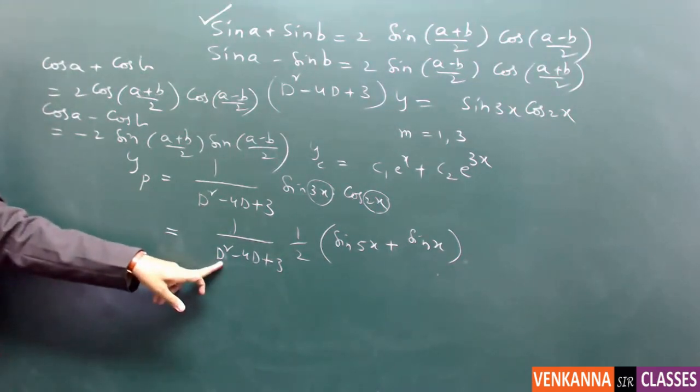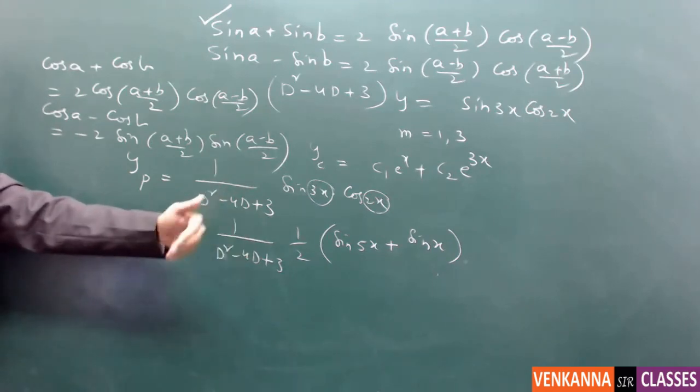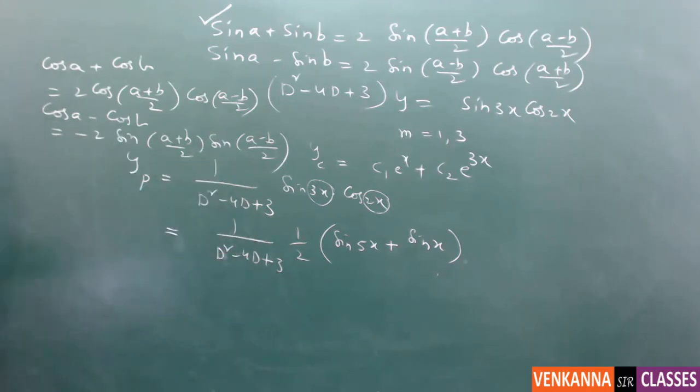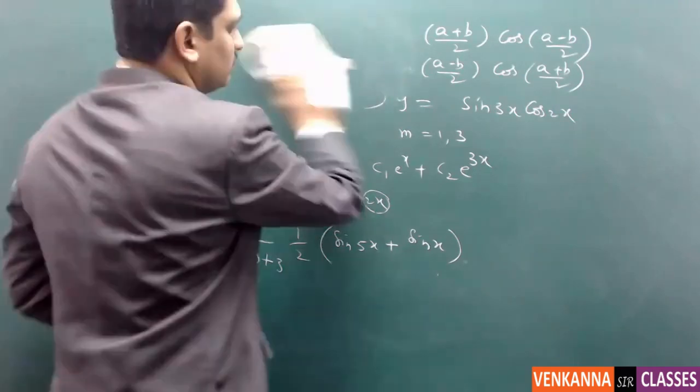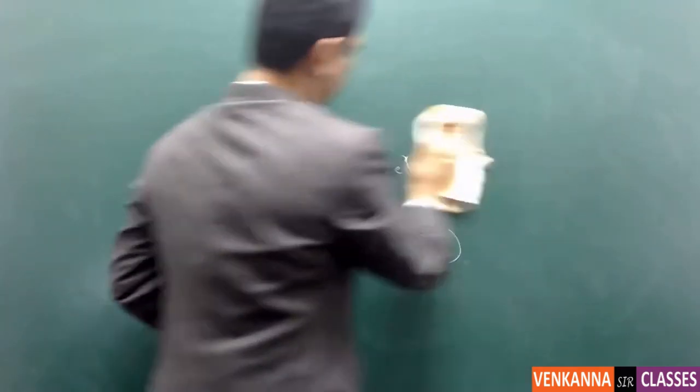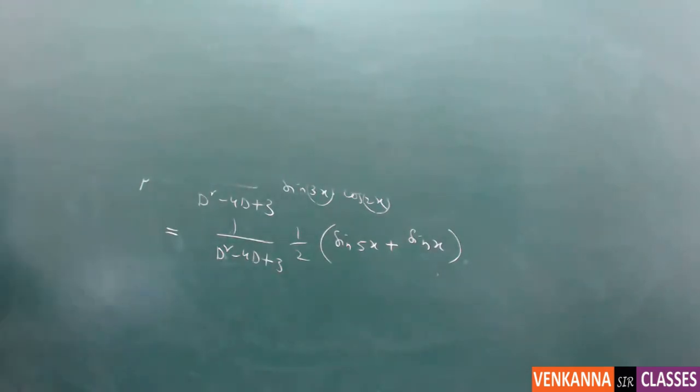D square is replaced with minus a square, rationalize, do the thing as usual. Fine. Shall I continue then? Yes or no? I am going to split it separately and calculate one value for you. The remaining you can do, and I will give the final answer.